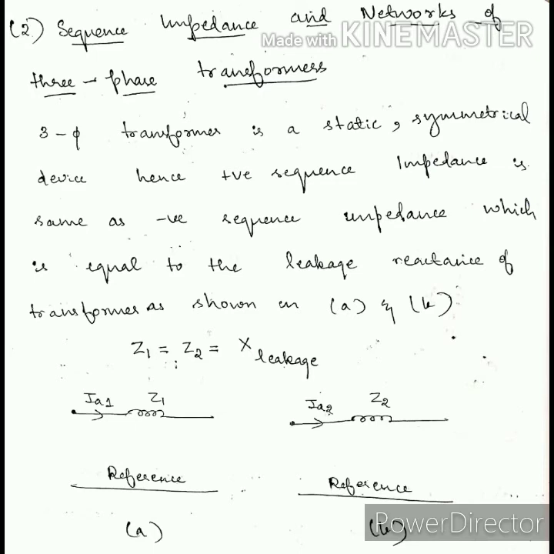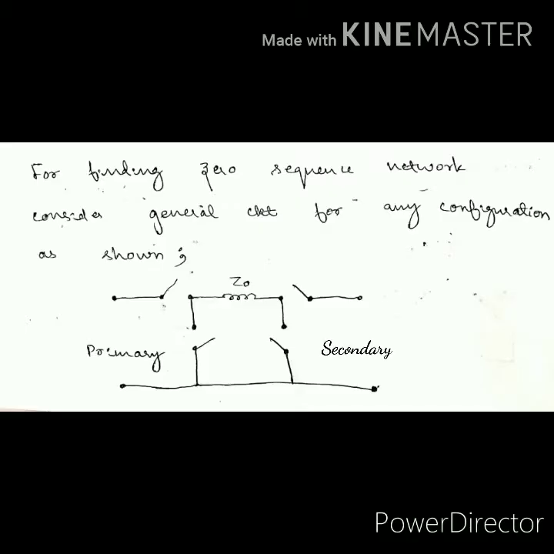Figures A and B will show the positive and negative sequence equivalent diagram of this. Now to draw the zero sequence network, we have to consider a configuration. You can see the below diagram, you have a primary side. Sorry, I have forgotten to include the secondary.